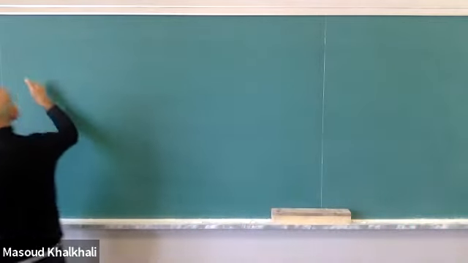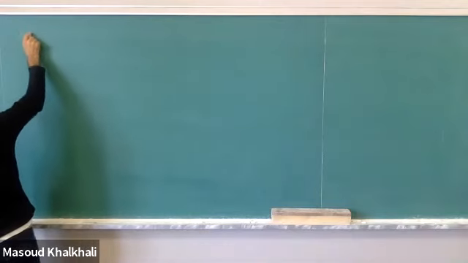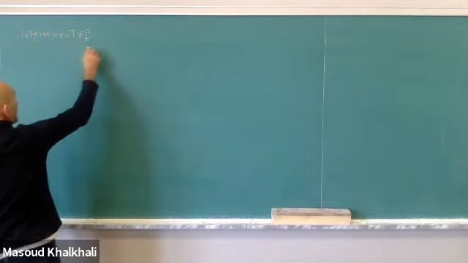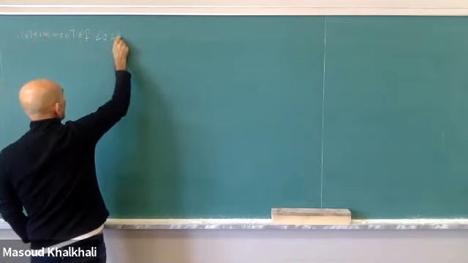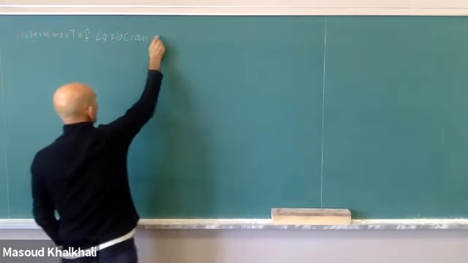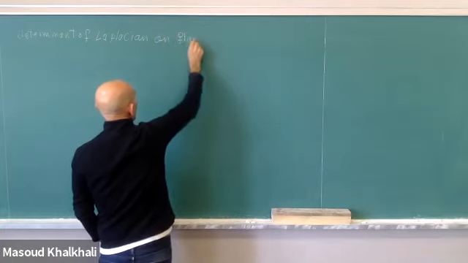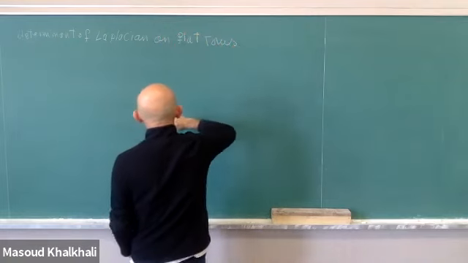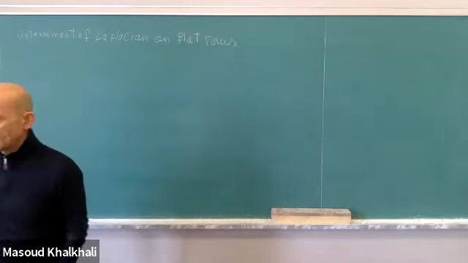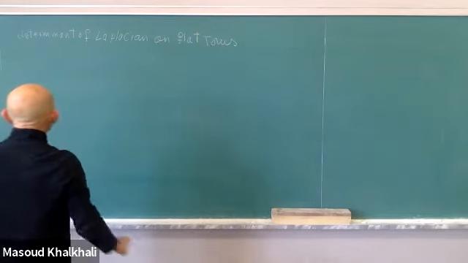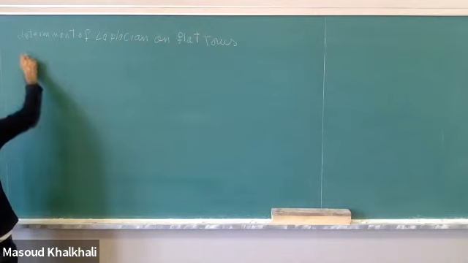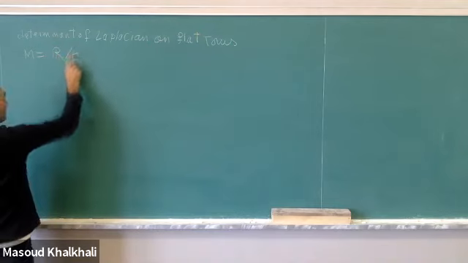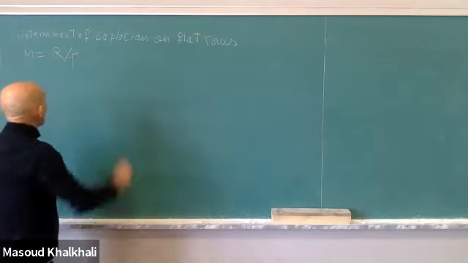So this is the determinant of the Laplacian on the flat torus. This torus M, we just think of it as R2 mod gamma.